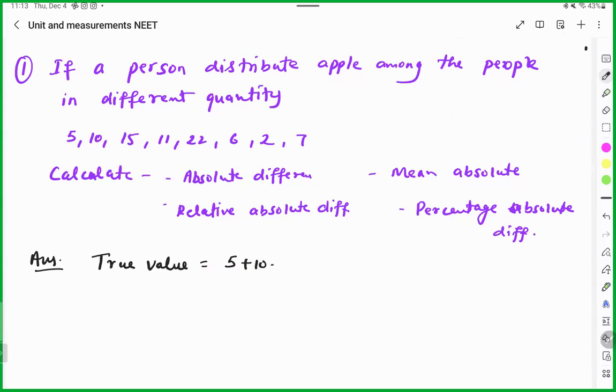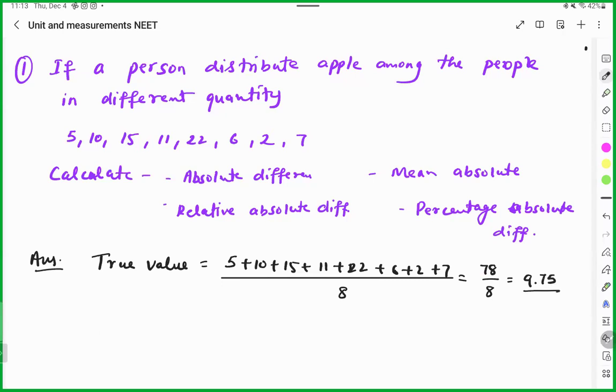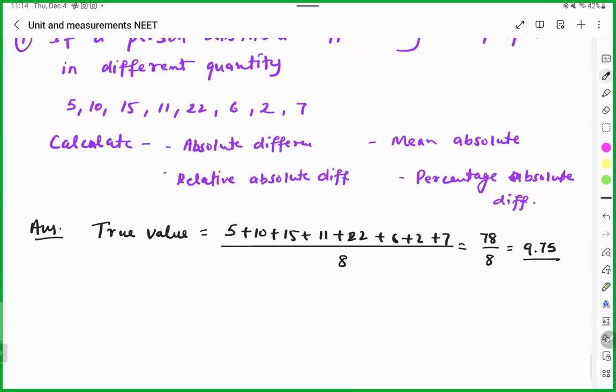So you will add all of them, 22, 6 plus 2 plus 7, which is 78, divided by the number of people, which is 8. 78 divided by 8: 9 8s are 72, remaining 6; 8 7s are 56, remaining 4, so 9.75. This is the average one person is getting, right?